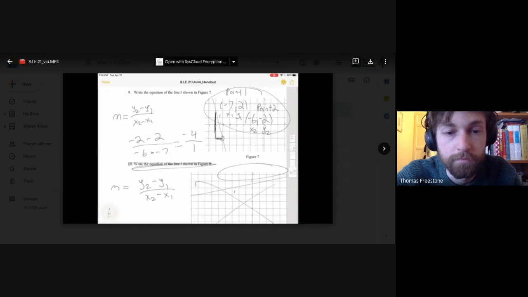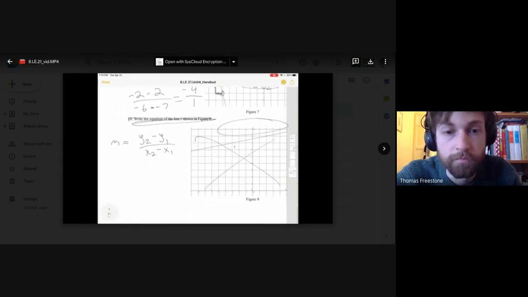So let's keep point 1, which is -7 and 2. But we're going to change y2 and x2 to be any x or y, as long as that x or y is on the line. So we want to represent every single possible x and y that could be on the line.